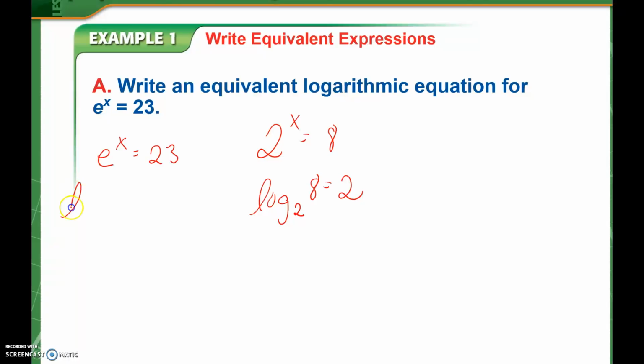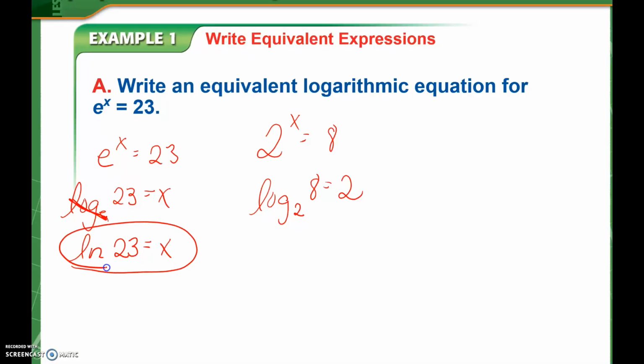Well, same thing here: log base e of 23 equals x, but log base e is natural log, and we put it as ln. It's ln on your calculator. So it'd be ln 23 equals x. And we don't write it as log base e because natural log's base is e. We want to make sure we understand that. So that's putting it in logarithmic form.